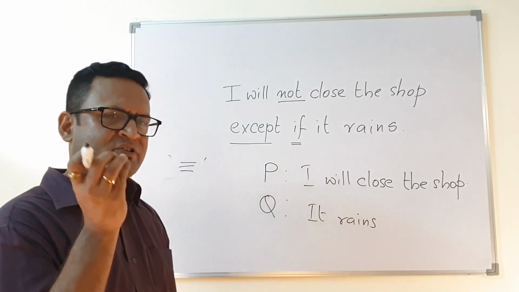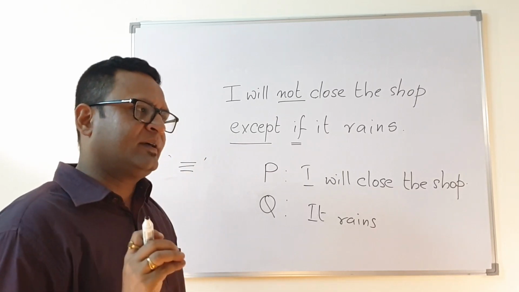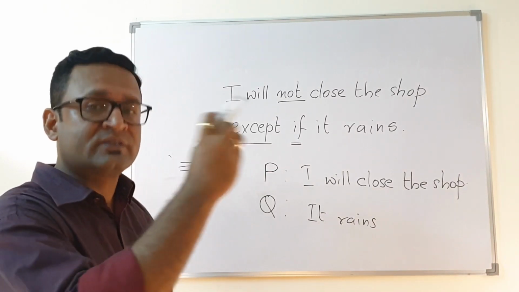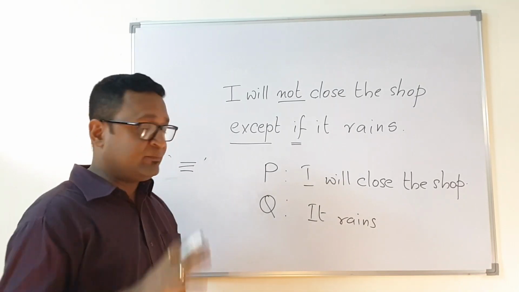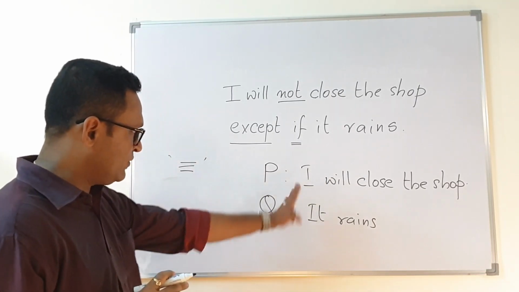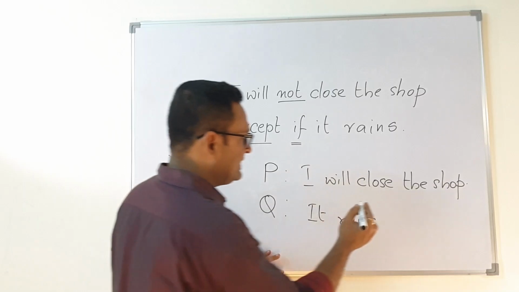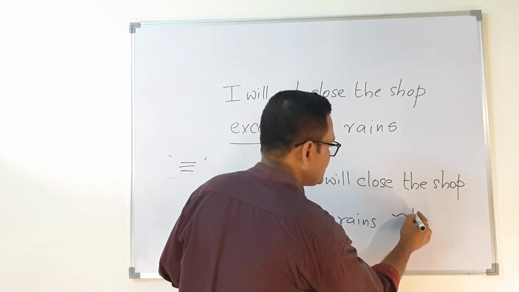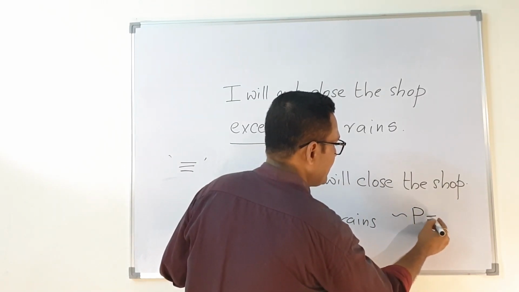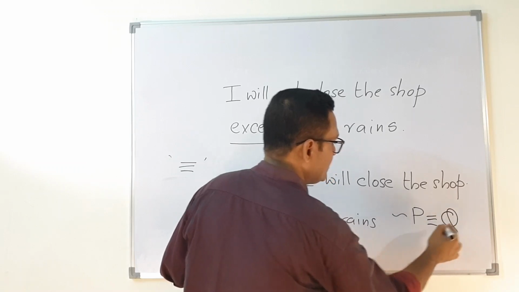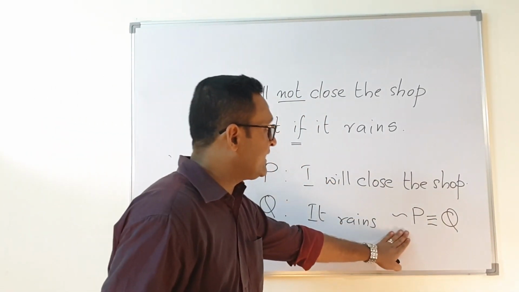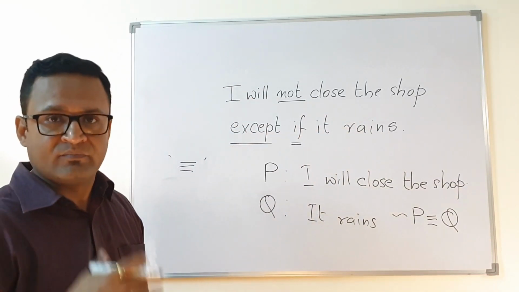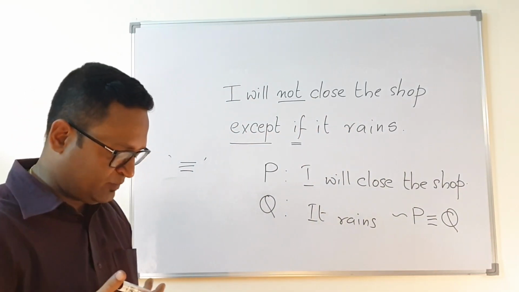Sometimes the expression except only is used in some kind of propositions, whatever. You need to understand the meaning. Now suppose I symbolize it like this, negation of P, triple bar Q. Let me check whether this conveys the meaning of the sentence, because that is what the symbolization has to be.